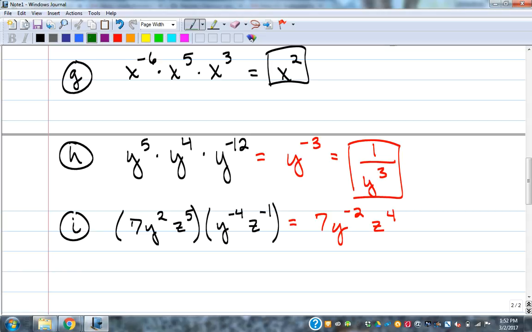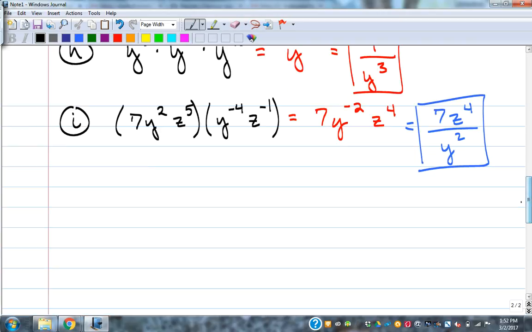What is the exponent on the 7 technically? 1. If it's not written there, it's a 1. So the 7 does have an exponent. It's not the -5. The -5 is only on the y. So be very, very careful of that. I try to emphasize that, yet I end up having to mark that wrong on a lot of quizzes in Algebra 1 for sure. Hopefully we fix that in Algebra 2.